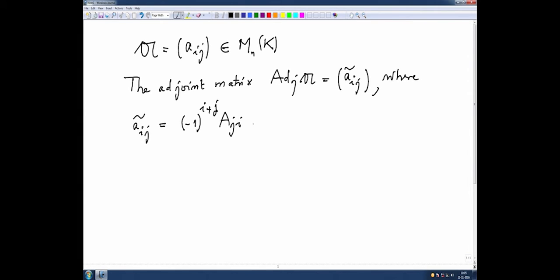And what is capital Aij? I will define it in terms of the standard determinant function.